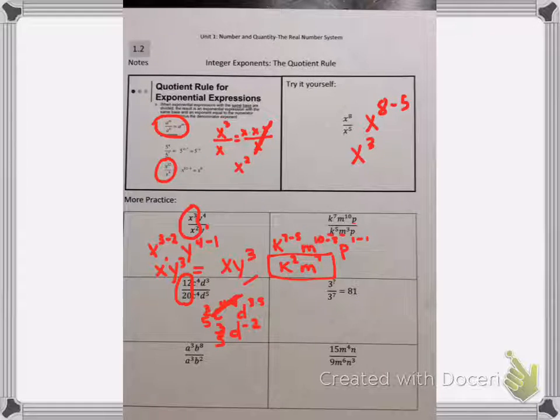Okay, this next problem right here, 3 to some power over 3 to the 7th power equals 81. So really what that means is I have 3 to a power minus 7 equals 81. 81 would be 3 times 3 times 3 times 3, which would be 3 to the 4th power, just because 3 to the 4th power equals 81.